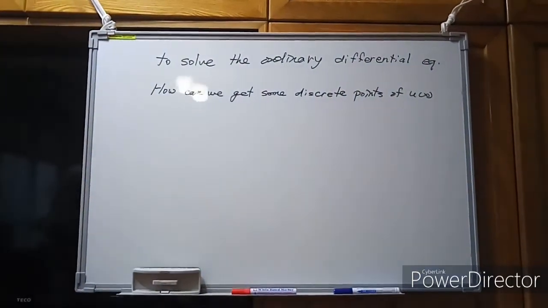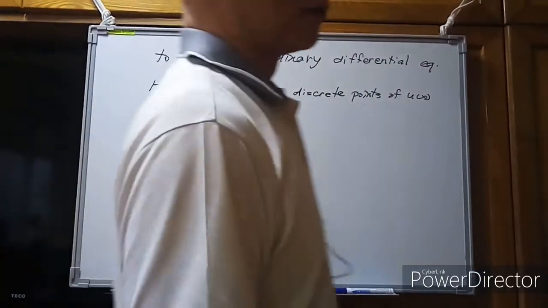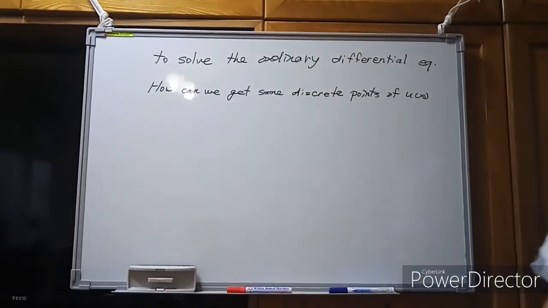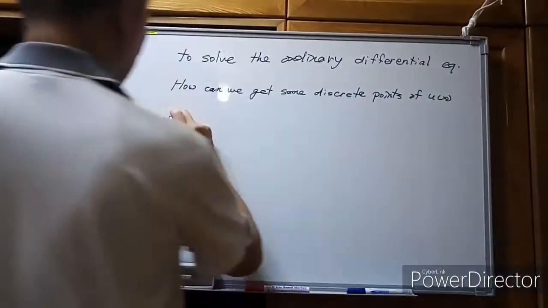Okay, how can we get some discrete points of u of x?